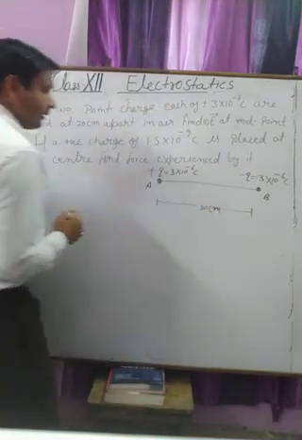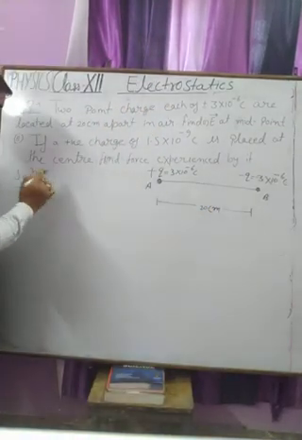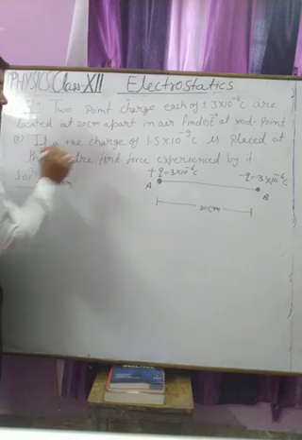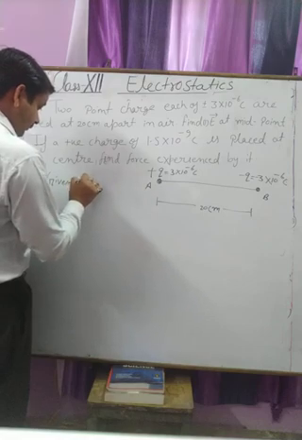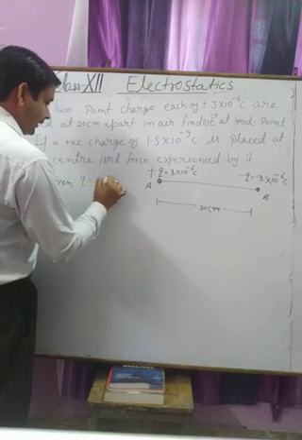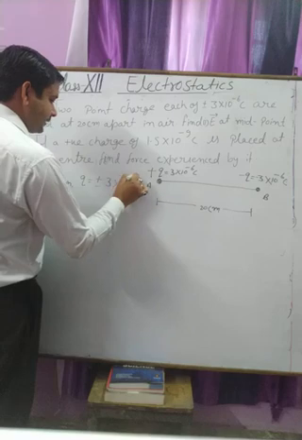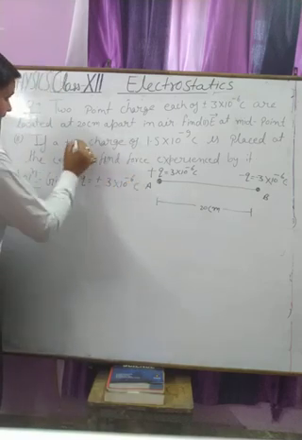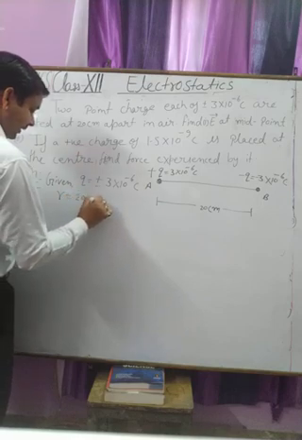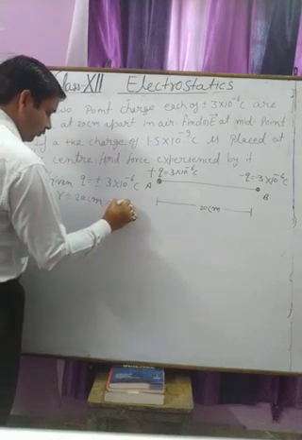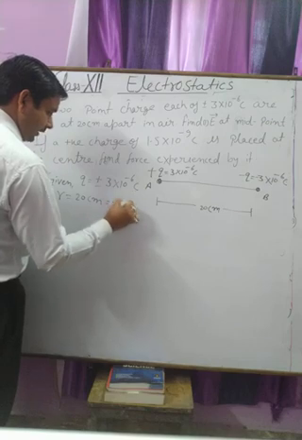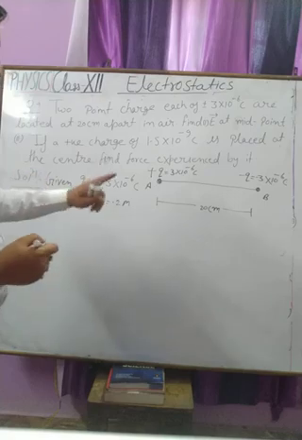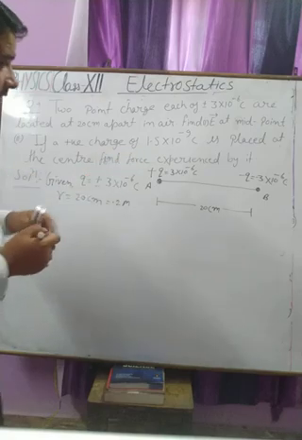Okay student, now taking the given charges plus minus 3 into 10 to the power minus 6 coulomb, the distance of separation is 20 centimeter, we are using 0.2 meter, and we need to calculate the electric field due to these two charges at the center.